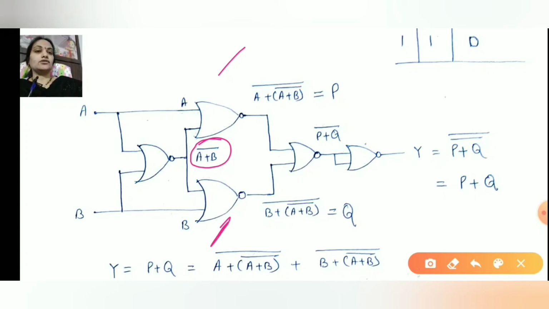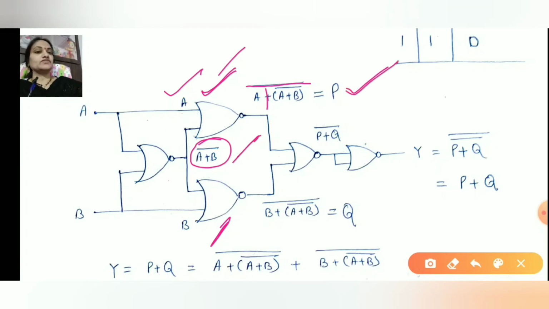Now what is the output for this gate 2? That is again whole complement of addition of two inputs. What are the two inputs? A and A plus B whole bar. That's why we got the expression like this.